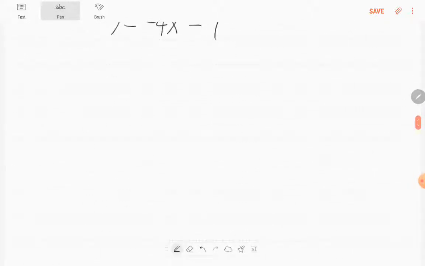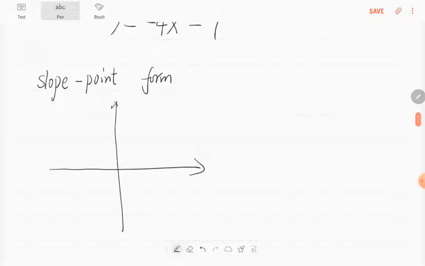The next special form is called slope-point form. That means if you have a straight line, we know the slope is m, and we also know another point, which is called x1, y1.